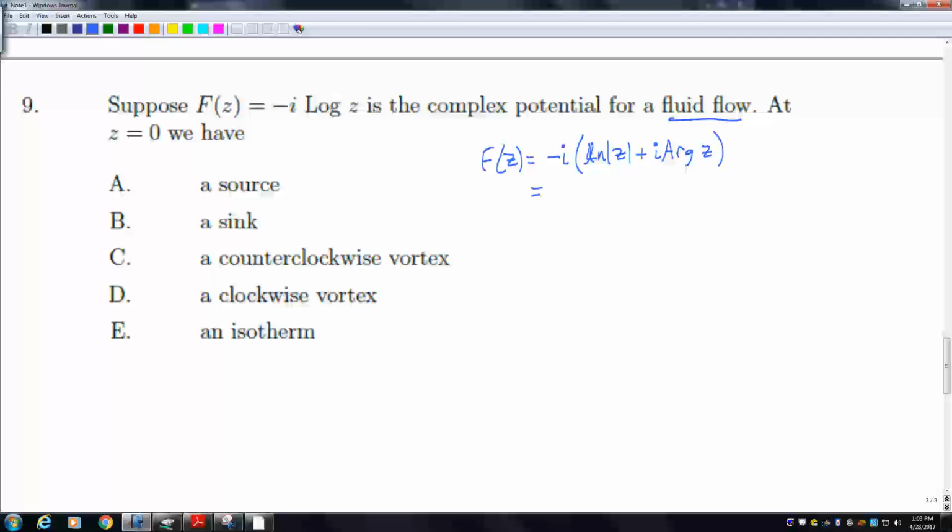Okay, and so we end up with positive arg z for the real part, and then minus i times the log of z for the imaginary part there, because minus i times i is positive 1. And remember, we called the real part of the complex potential my velocity potential.